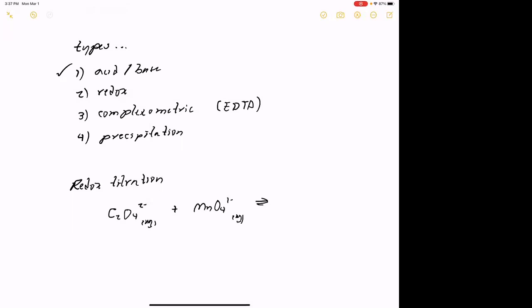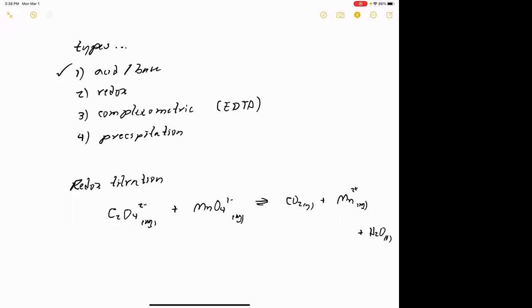We end up making carbon dioxide gas, we end up making some manganese ion, and we make some water. I'm going to leave the water out because when we balance a redox reaction, waters come in. Well, we'll go ahead and put it in there because it is found as a product in the reaction.